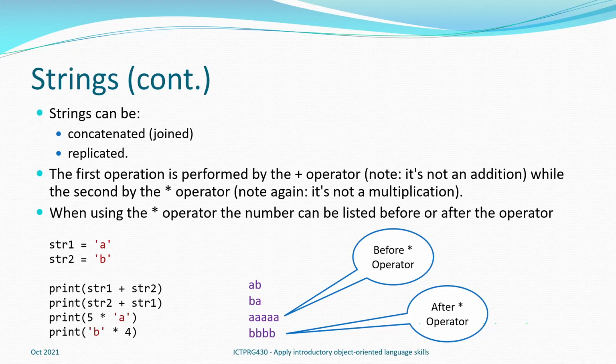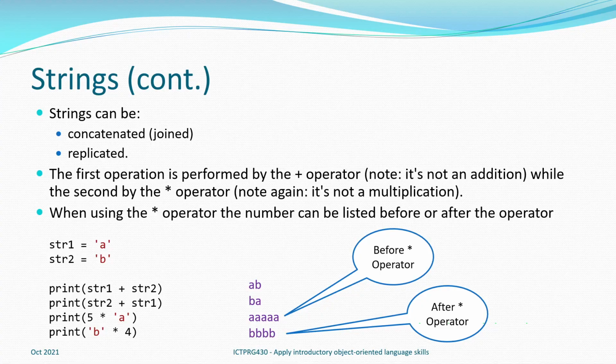Strings, I'm hoping you remember, can be joined and replicated, and we can do that by using the plus operator, and the second, which is the replicated, by using the asterisk, which replicates a string a number of times.